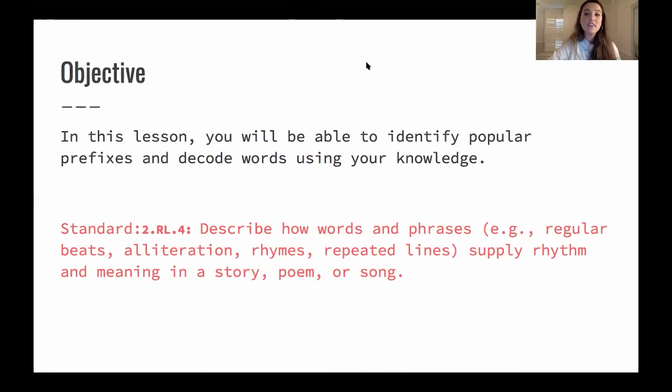Hopefully you guys feel like we reached that goal. I know I did, because we learned about 6 of the absolute most important prefixes, and I feel like knowing those prefixes will help me to decode words as I continue on in my reading journey. And the great thing is that we know some examples of words to use along with those prefixes. So we already have a great start on that.